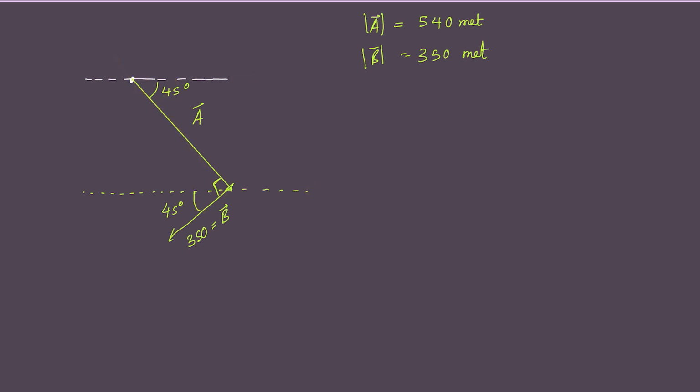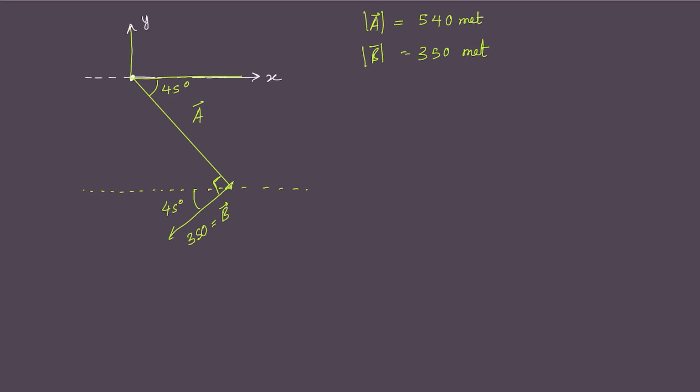Now let me write down the coordinate system. On Cornerstone, let's say this is the origin, this is X and this is Y. If I ask you, what is the X component of vector A?